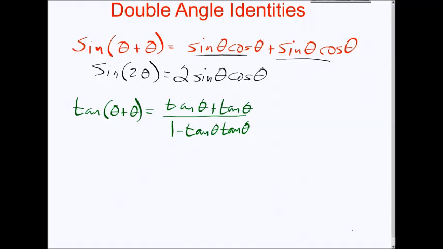And simplifying that, on the left side, we have the tangent of 2 theta is equal to 2 tangent theta over 1 minus tangent squared theta. And there's our double angle identity for tangent of theta.